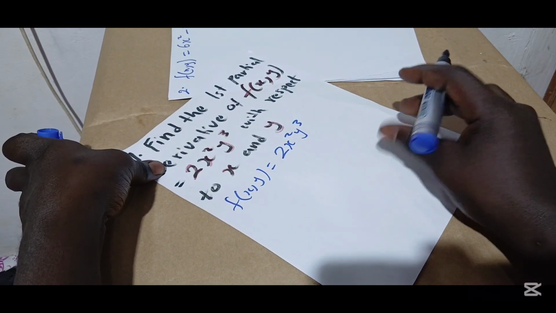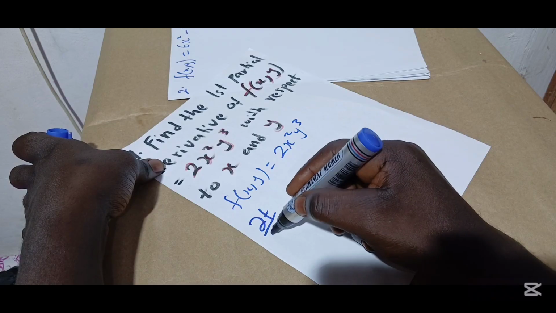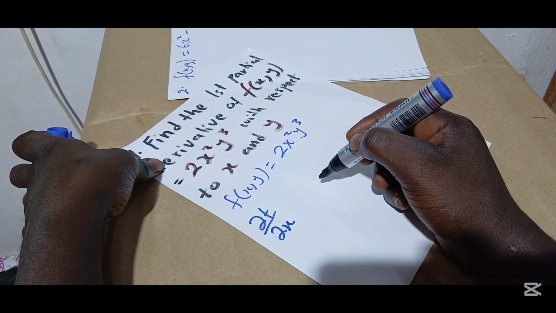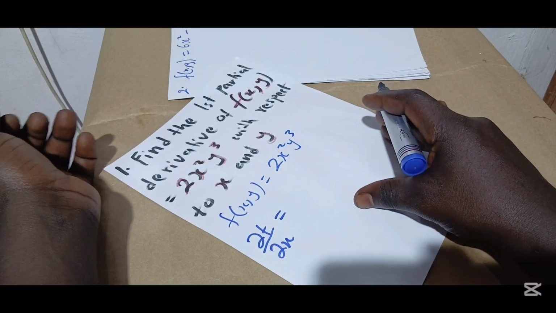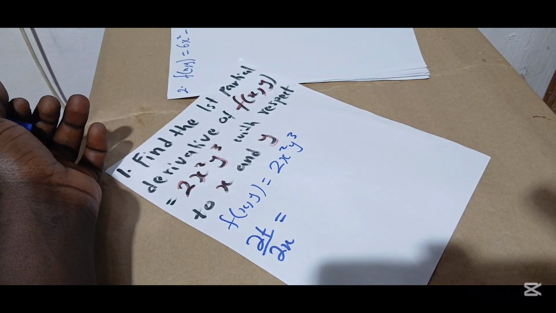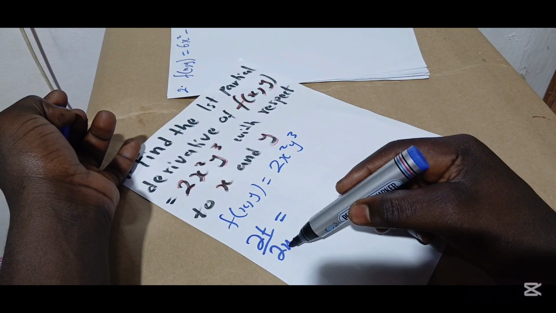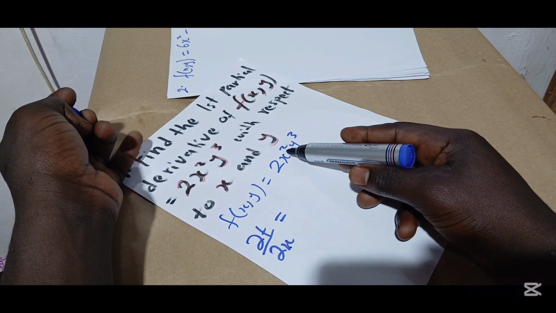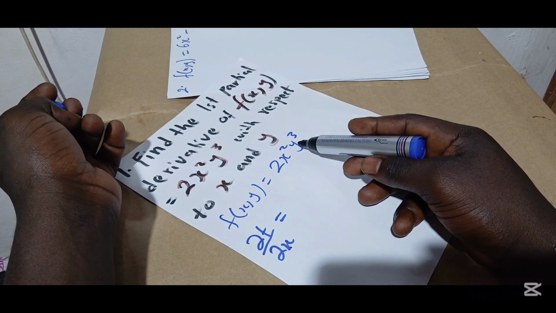So we can say the partial of f with respect to x equals... Since we are differentiating with respect to x, we only differentiate the x term, leaving the other terms.